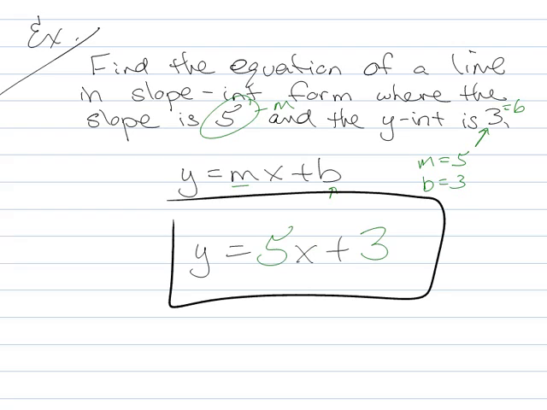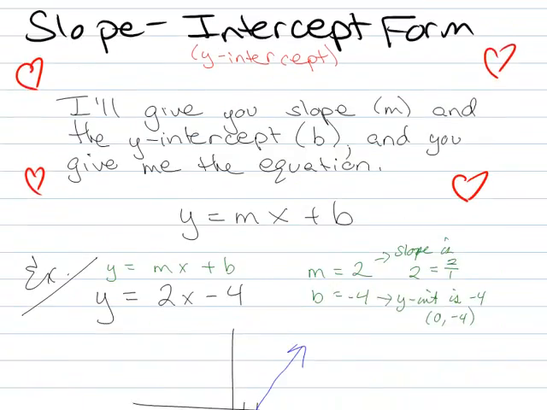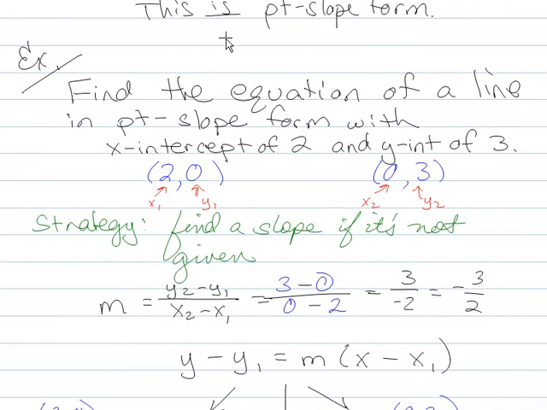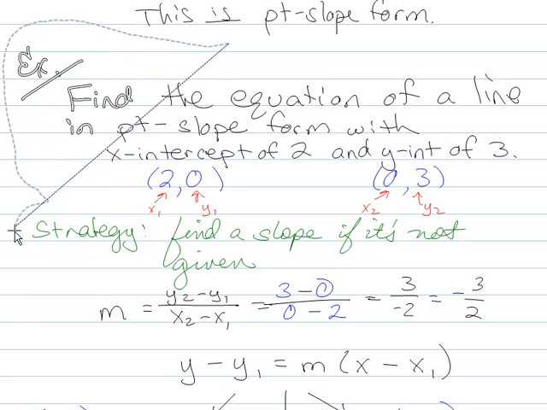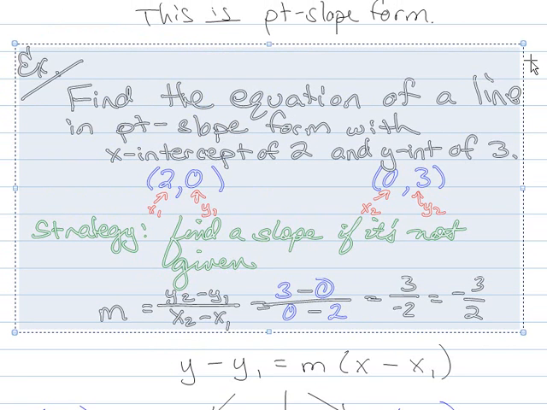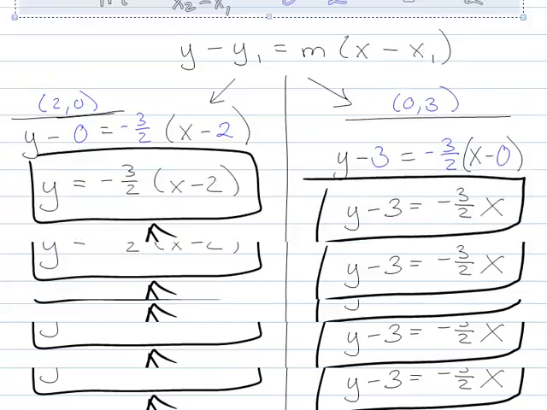All right? Now what I'd like to do is go back and look at a problem that we had up here. We had the equation of a line with x-intercept of 2 and y-intercept of 3.